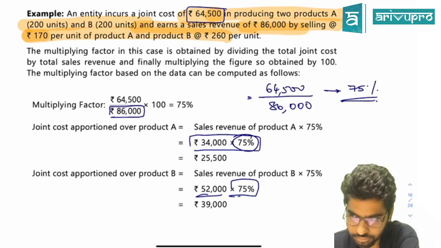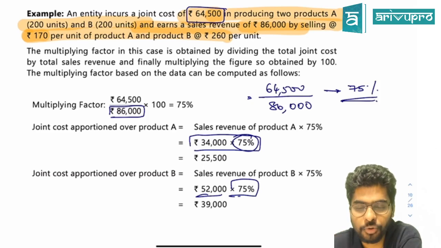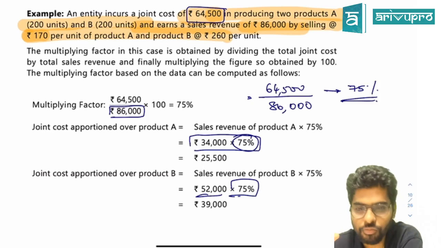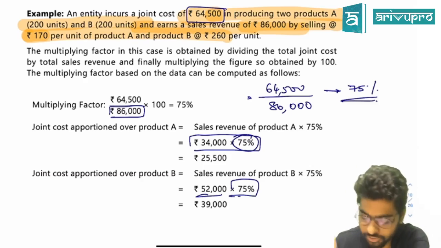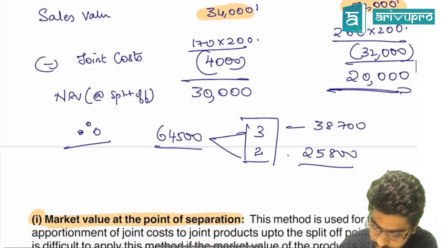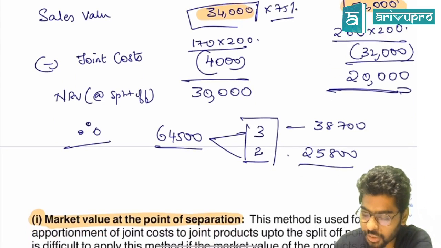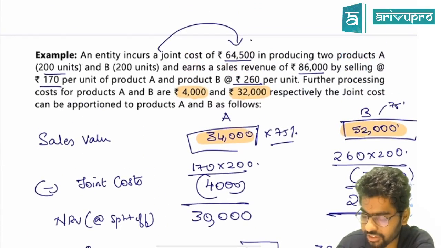Whatever revenue I have achieved out of both the products, I am assuming that 75% of the product was done at the pre-revenue stage itself. So I just multiply with that. That's why my total revenue here was 34,000, out of which I have taken 75% to be my split off point revenue, and out of this 52,000 I am taking 75% of it.